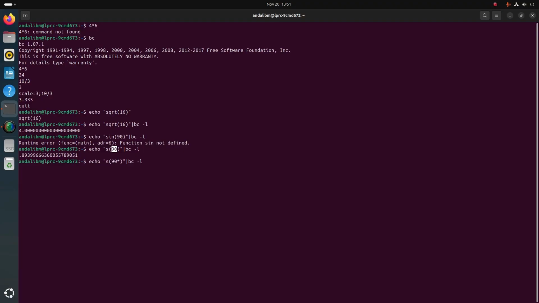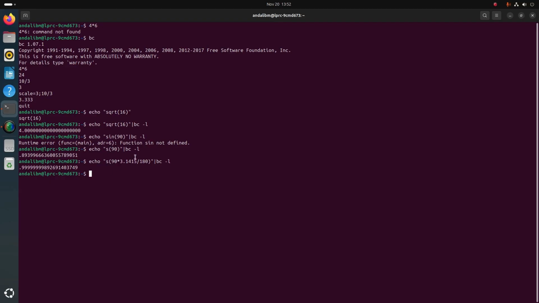By pi, which is 3.1415, and then divided by 180. Now it is pi over 2. So now you see you get almost what? 1, and the reason it's not 1 is because this is not perfectly pi, right? So the function is s, it's not sine.